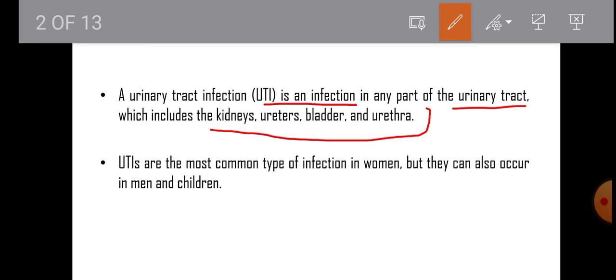UTIs are the most common type of infection, particularly in women. They are predominantly affected by this infection. In some cases, it may also be found in men and children.